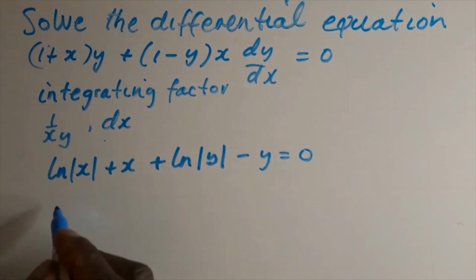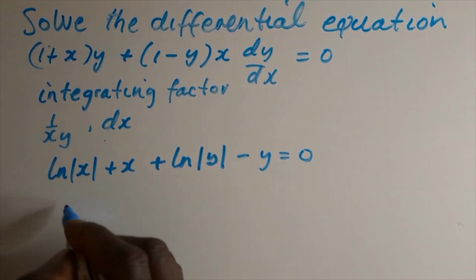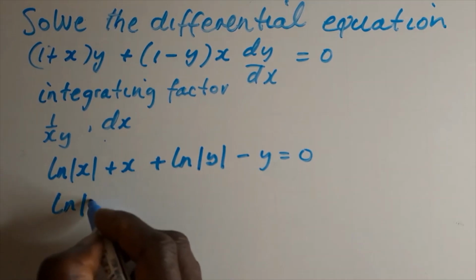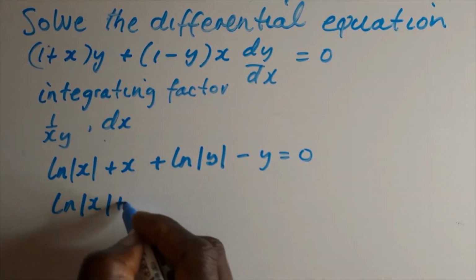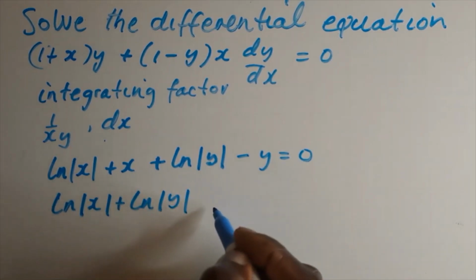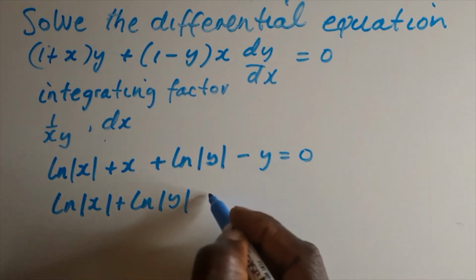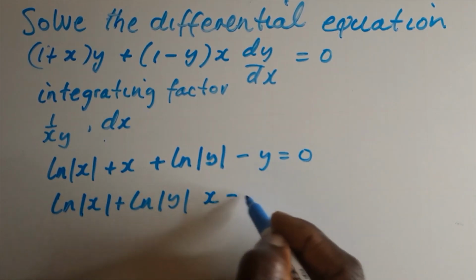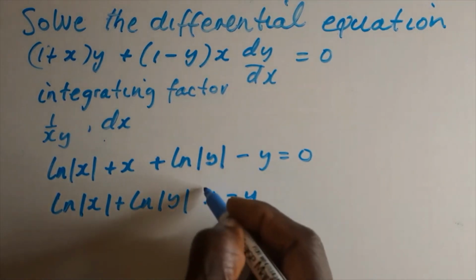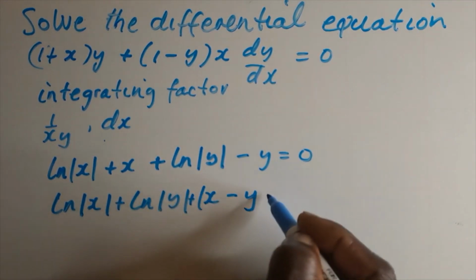Now if we just simplify this, first we write ln|x| + ln|y|, and then we have x - y added to x - y.